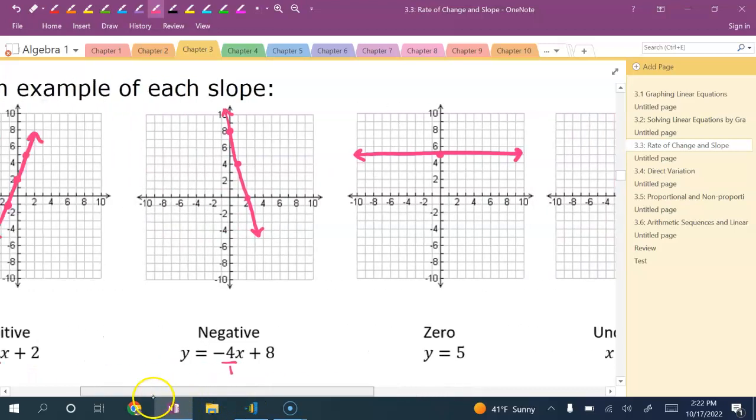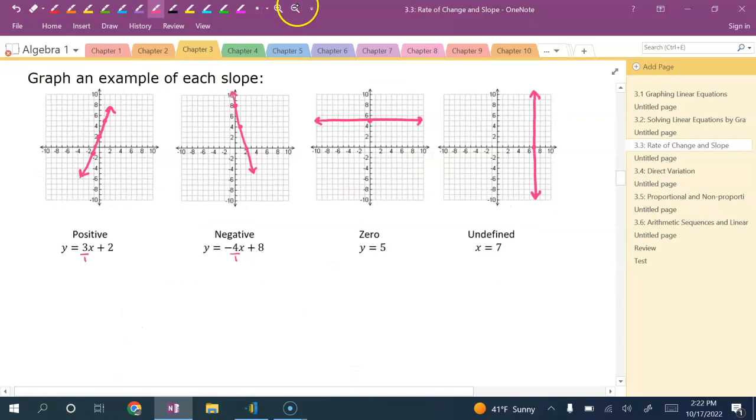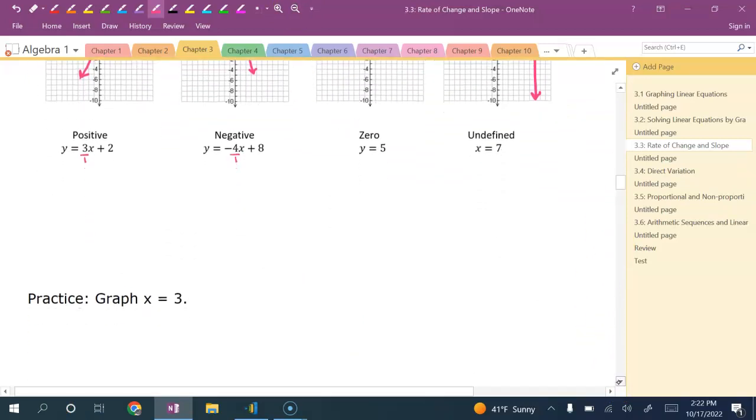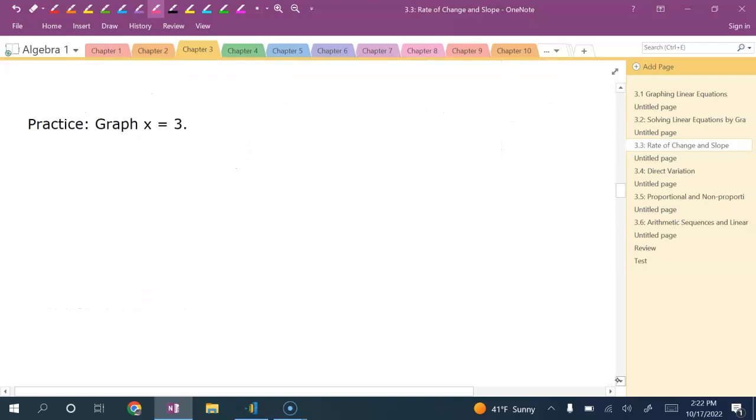So what I want you guys to do on the example here is practice graphing x equals 3. So use the graphs I just gave you up above to help you do this one.